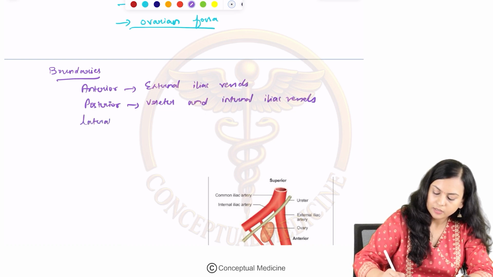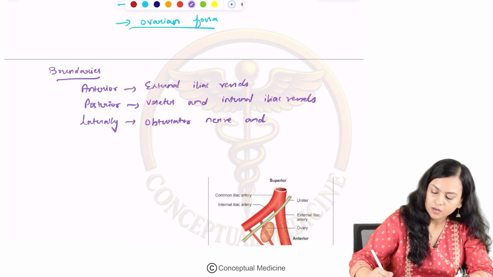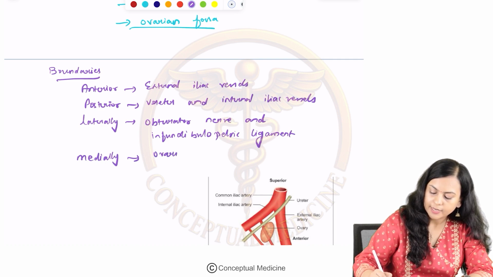Laterally, it is by the obturator nerve and infundibulopelvic ligament. Medially, it is by the ovarian ligament.